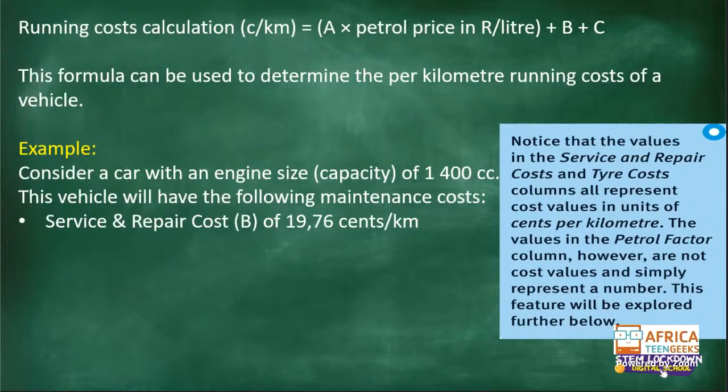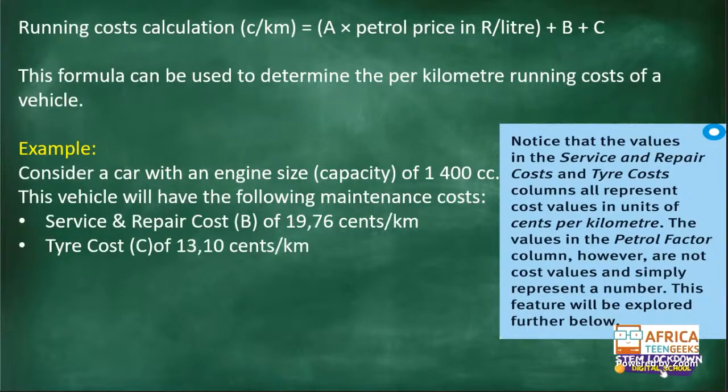So as I've said initially, we are going to determine the running costs of a vehicle per kilometer. So at the end of this example, you will be able to see how much this vehicle with an engine capacity of 1,400 cc costs per kilometer. So of course, the tire cost in this case will be 13 rands and 10 cents per kilometer.